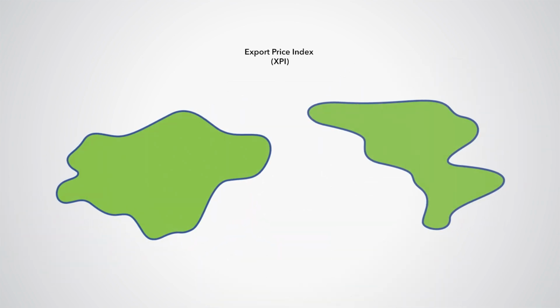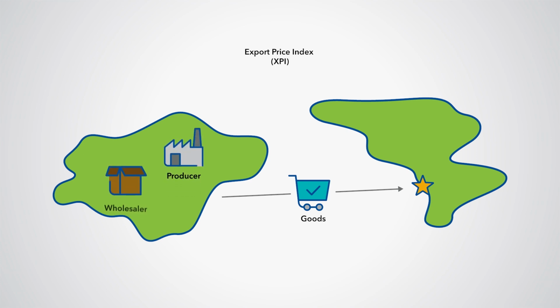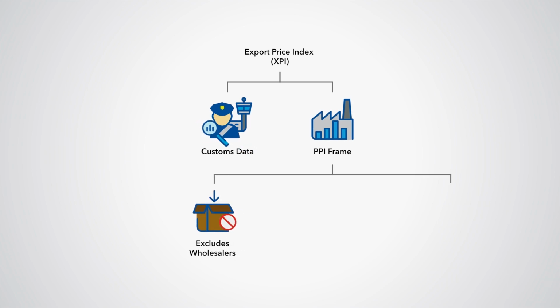The scope of an XPI, on the other hand, covers goods that are sold to non-residents. These may be sold directly by producers or by wholesalers. Because wholesalers are usually excluded from the PPI, these traders will be missed if only prices from the PPI are used.